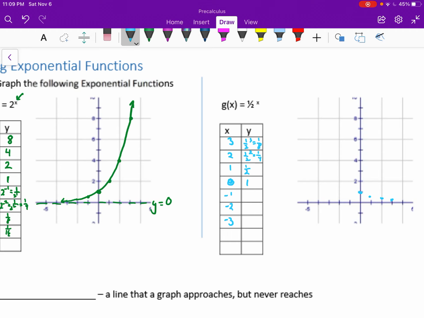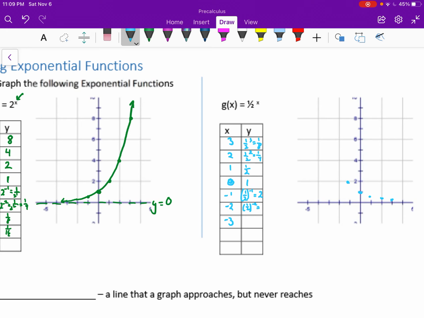1/2 to the negative 1 power. Negatives actually can indicate reciprocals. So this is equal to 2. So when we had negative 1, we're at 2. Negative 2. Negative exponent means we want the reciprocal.